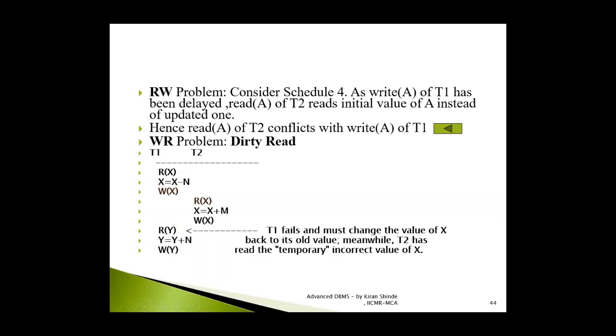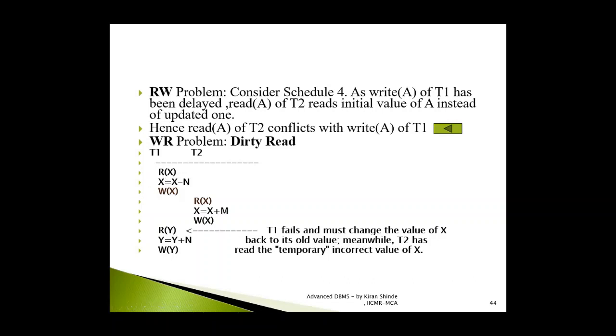Now, what will be the effect of this failure? T1 fails and must change the value of X back to its old value. Why? Because it had modified that value, but before transaction T1 commits and successfully stores the updated value to the database, it has failed in between. So realistically, what should happen? It should roll back and start with its initial value of X.